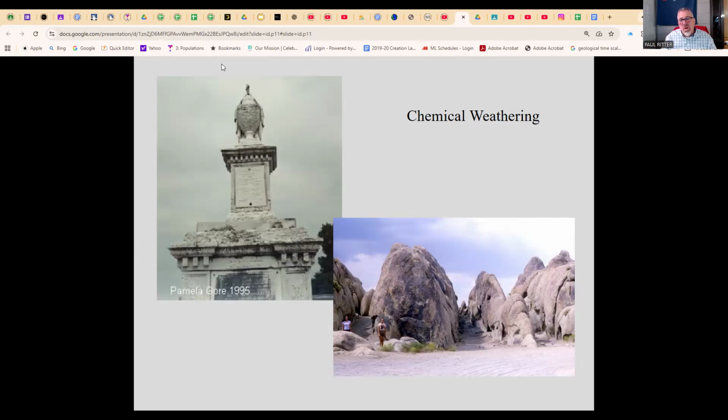This is chemical weathering as a result of acidic rainwater. It didn't help that there's also abrasion taking place through sandblasting. So when you see these images, yes, water has dissolved it, but the air has blown sand too.